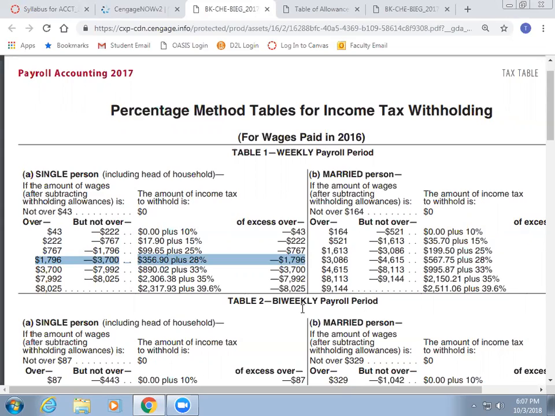That $86.10 they're going to get taxed at a rate of 28%. So 28% of that is $24.11. And I'm going to add that to the $356.90. So this person's total withholding should be $381.01.